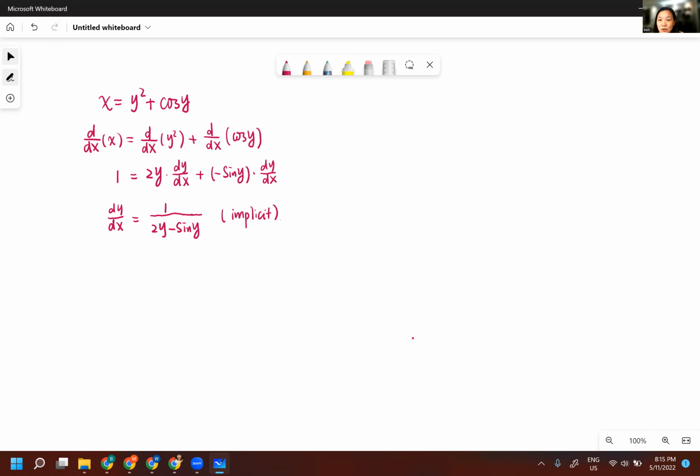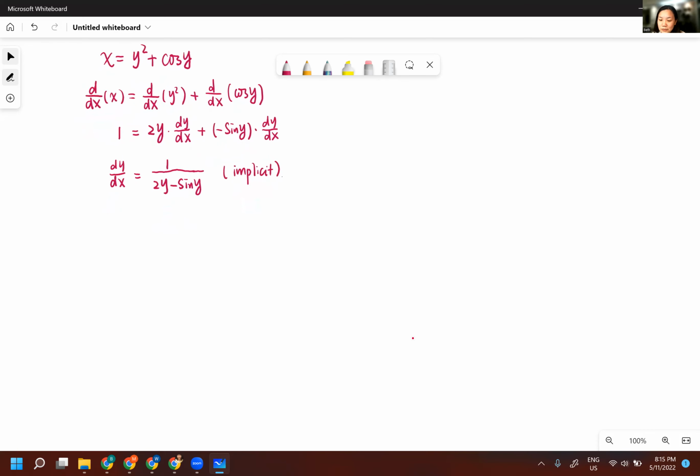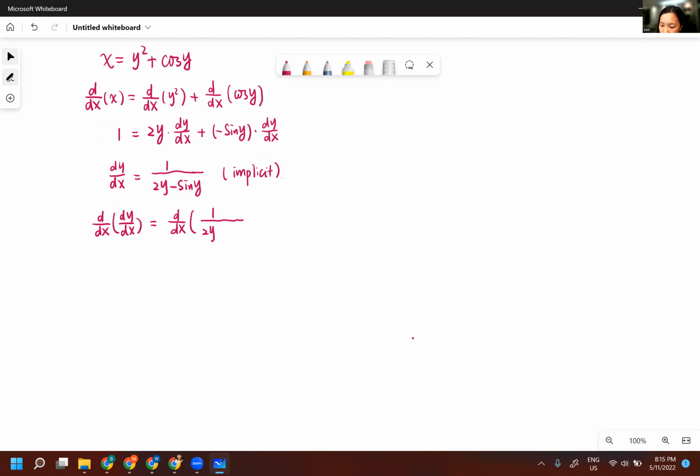So I'm going to put d/dx on the left and the right-hand side again. So I'm going to do d/dx of dy/dx equals d/dx of 1 divided by 2y.